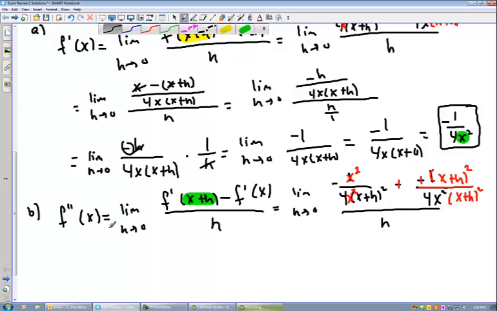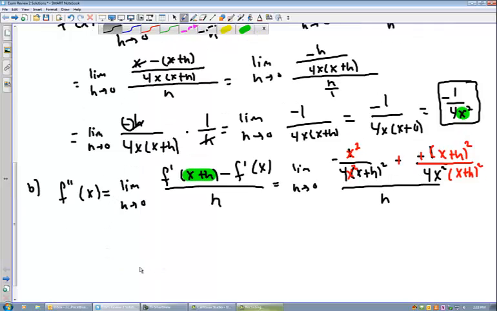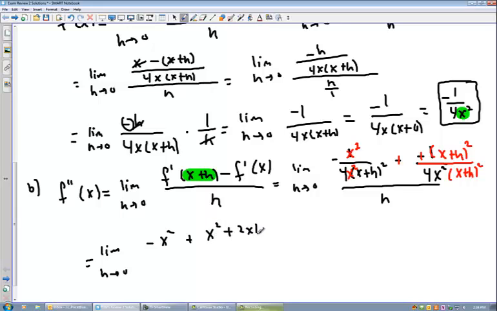And then this is equal to the limit as h goes to 0 of minus x squared plus an x plus h squared. So that's x squared plus 2xh plus h squared, all divided by this common denominator, 4x squared times x plus h quantity squared.